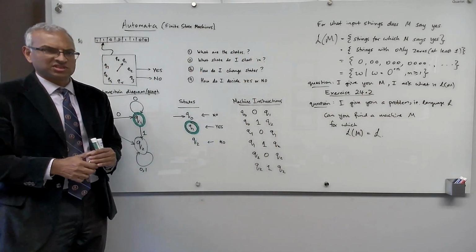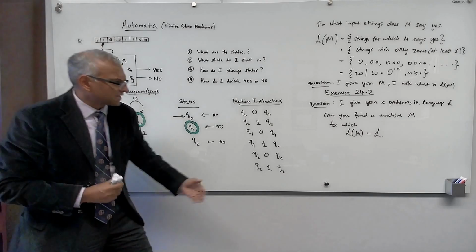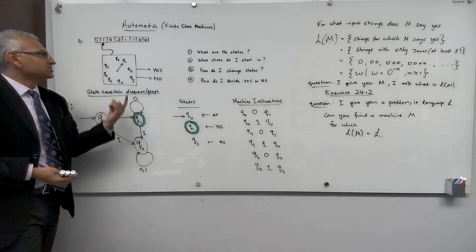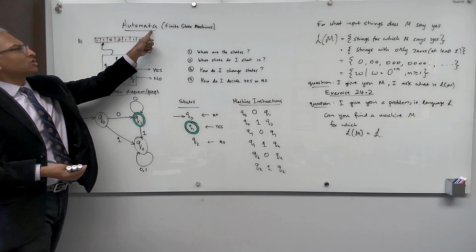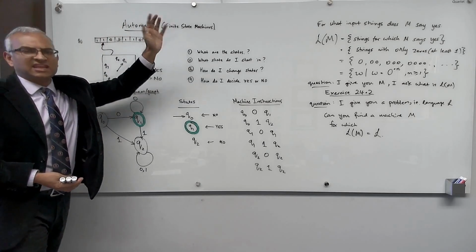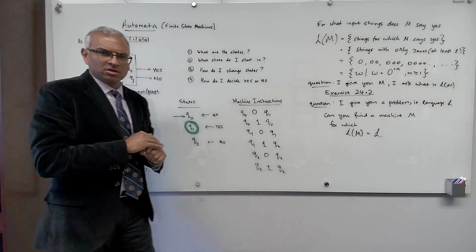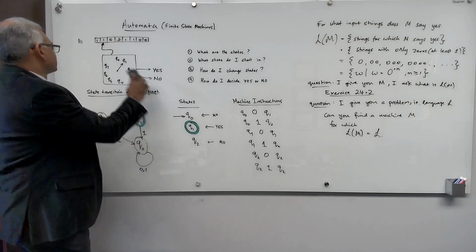That's the question. In other words, designing a finite state automaton, designing a DFA, sometimes we call this a deterministic finite automaton, or finite state machine, designing an automaton to solve a particular problem. Let's talk about that. So let's erase.